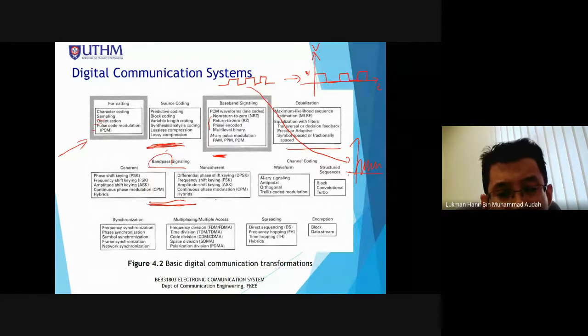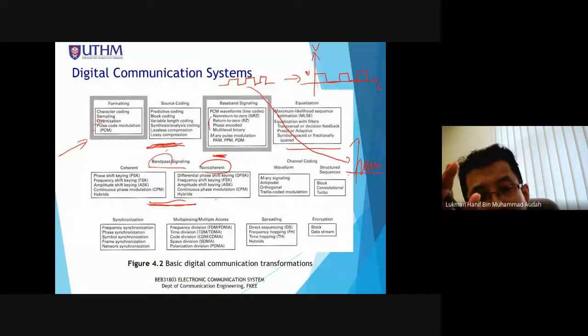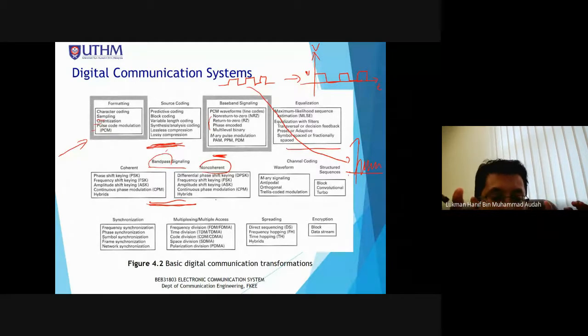Okay. So coherent or non-coherent perbezaannya pada receiver side. Sama ada coherent or non-coherent bergantung kepada receiver design. Kalau receiver itu memerlukan external input, iaitu signal daripada luar untuk menghasilkan carrier component, maka dia dipanggil sebagai coherent.